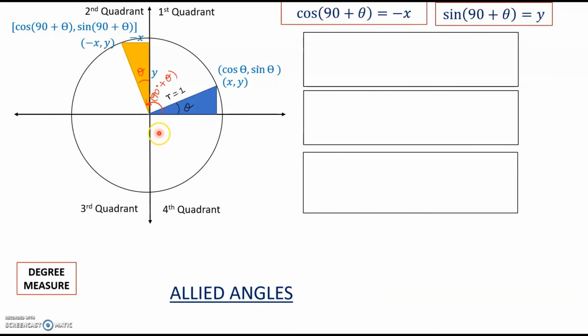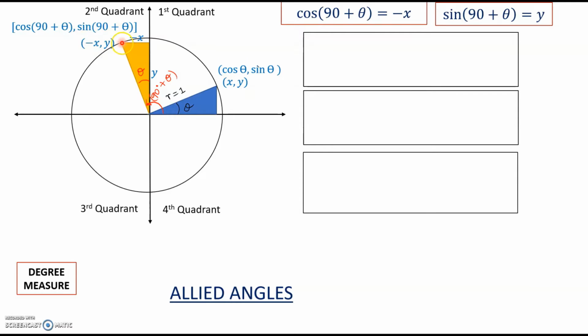Let's consider the next allied angle, 90 plus theta. Okay, so when I say 90 plus theta, this angle here is theta. So 90 degrees plus theta. So this is the coordinate on the circle. So this coordinate on the circle would be defined as cos 90 plus theta, sin 90 plus theta.